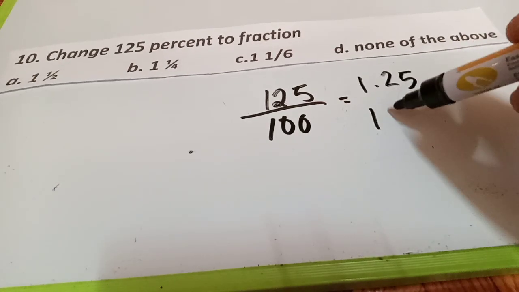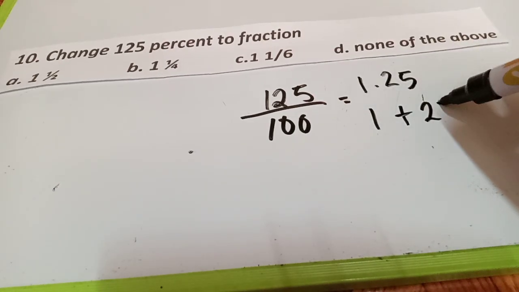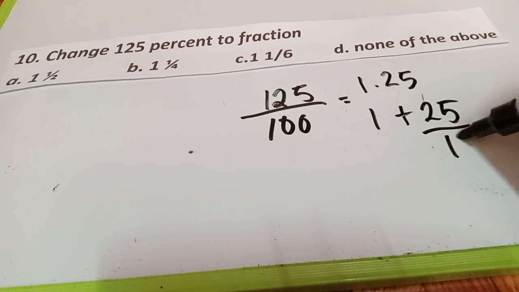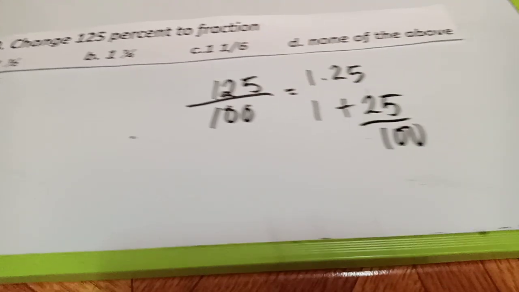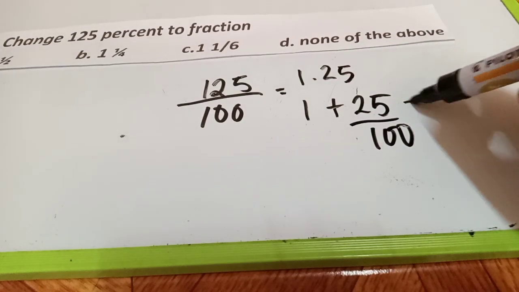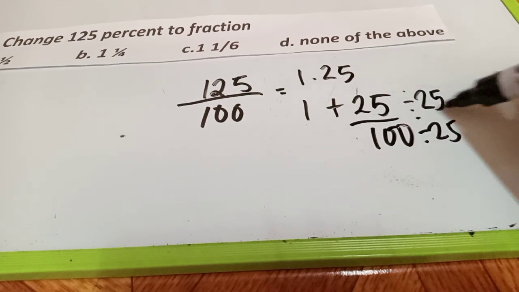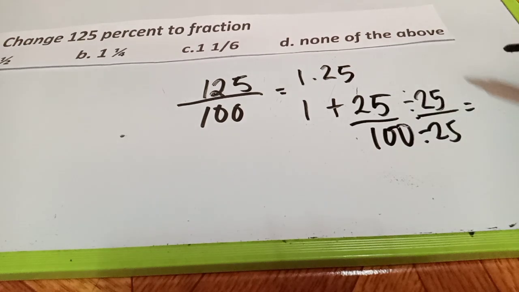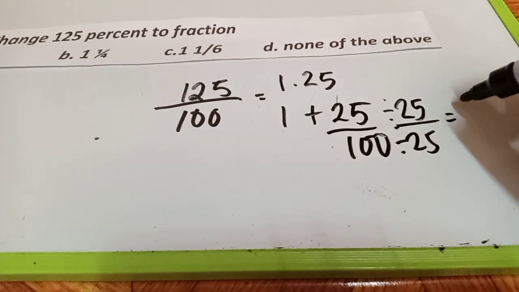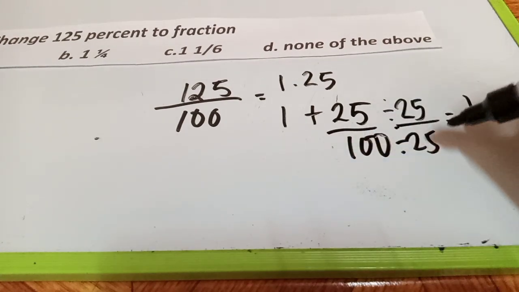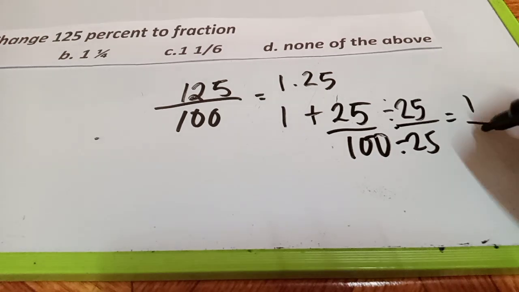So 1.25, it means to say this is 1 and 25 over 100. So 25 and 100 are divisible by 25. So 25 divided by 25 is 1. And then 100 divided by 25 is 4.